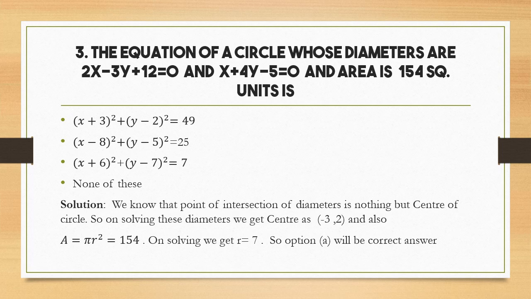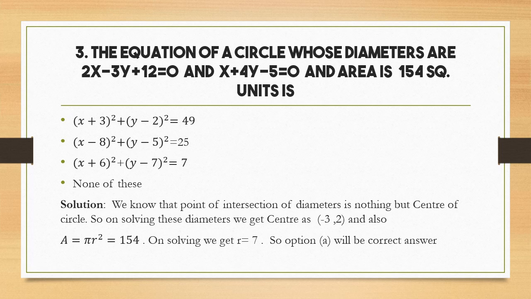So 22 by 7 into r square equals 154, and when you simplify, r square equals 154 into 7 by 22. On solving, you get r square equals 49, r equals plus or minus 7. As radius is never negative, I will take the positive value. Therefore, r equals 7.